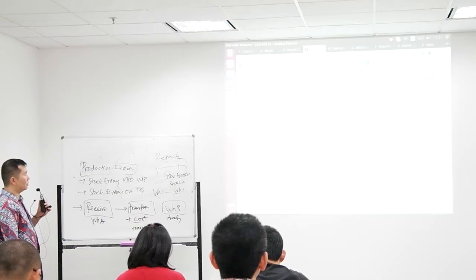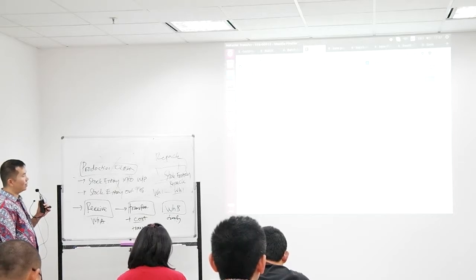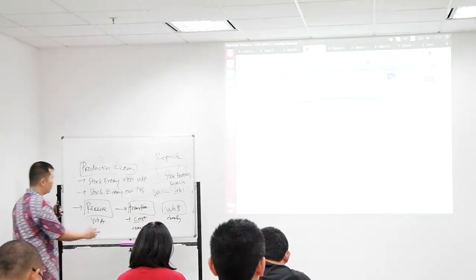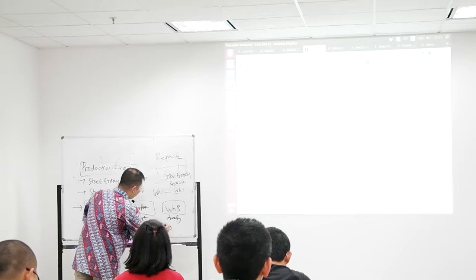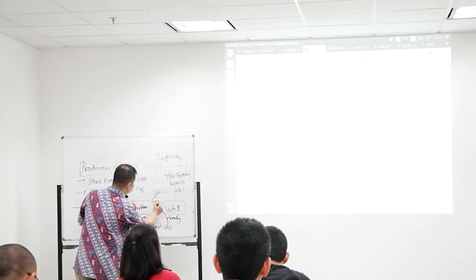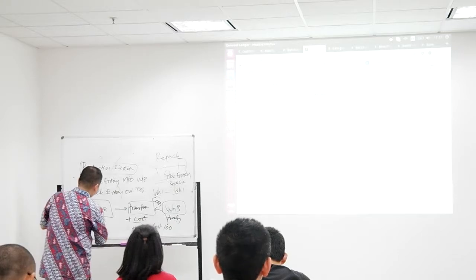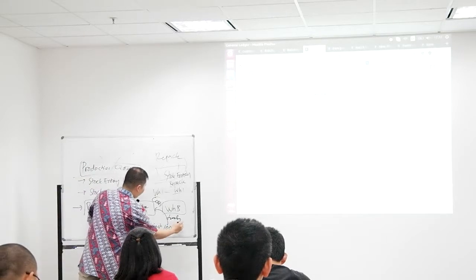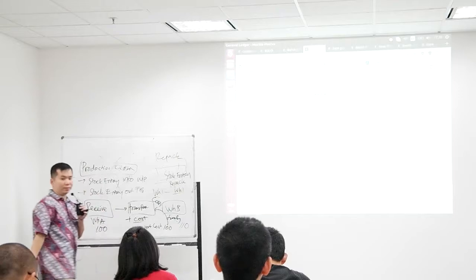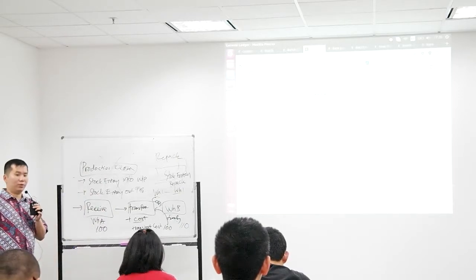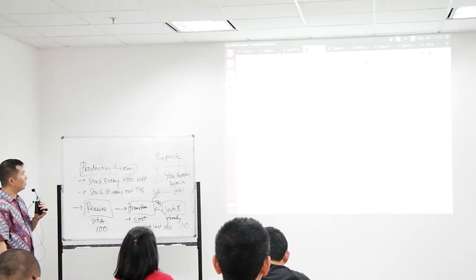Okay, not too much. Done, save. Submit. So this transportation cost of 100 will go into the COGS. So your warehouse in Jakarta may have 100, but in Surabaya it will be 110, because there is a transport cost to send it there.